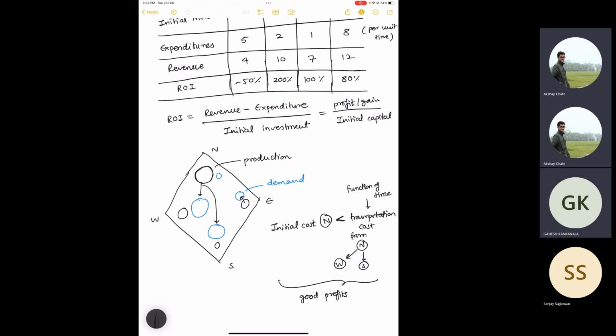Is it a better idea to put up a warehouse as well as containers? Because transportation cost compared to the production house could be low, right?